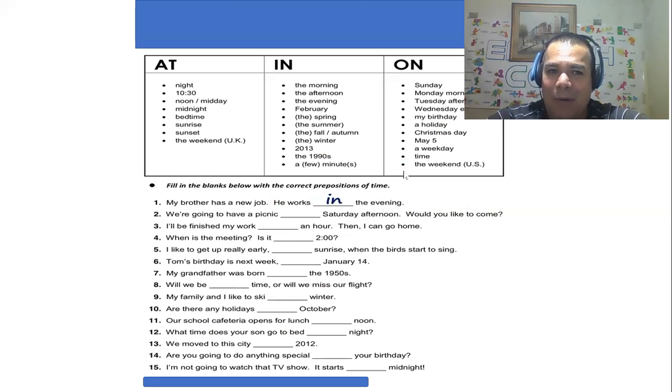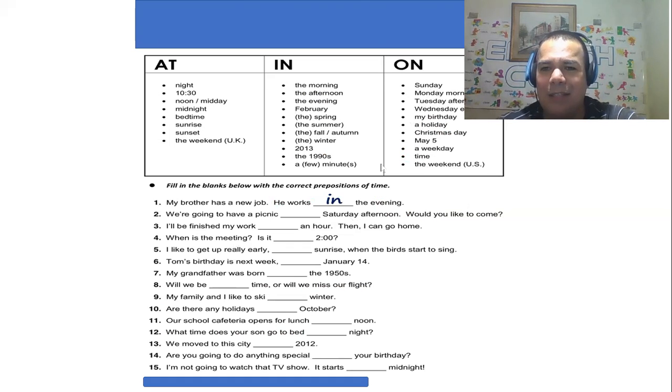So right here we have, one more time, prepositions of place in, on, and at. And here I put different examples. So these are the examples for at, these are the examples for in, and these are the examples for the preposition of time and place on. So how are you gonna use them? Basically, you need to write the sentences, and also complete the sentences by putting the correct preposition of time and place: at, in, or on.